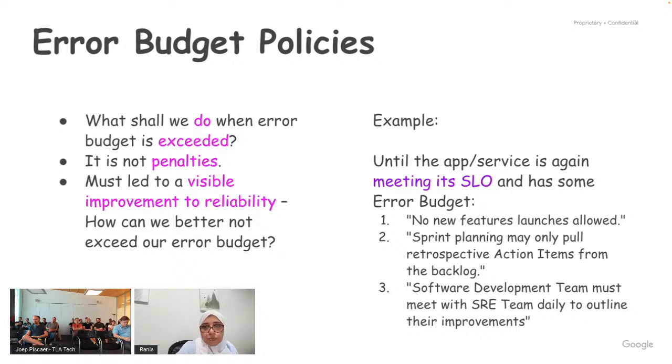Or, for example, the software delivery team must meet the SRE team daily to outline their improvements and to test, show and demonstrate those improvements. So those are just examples of policies.